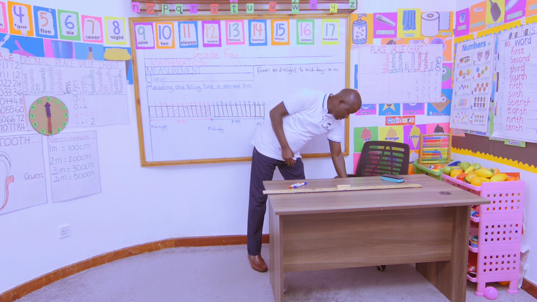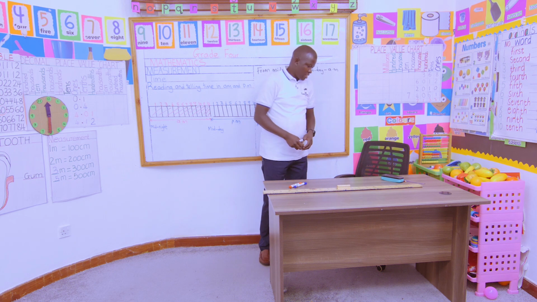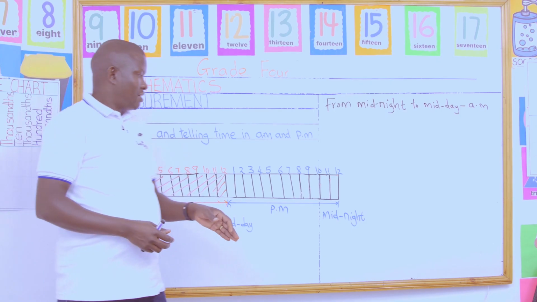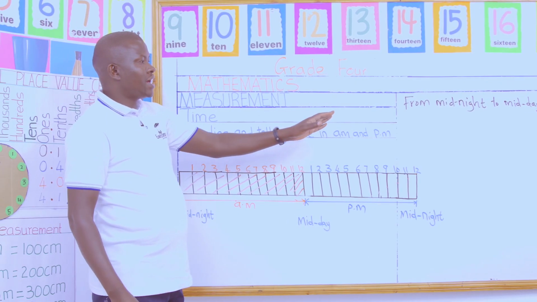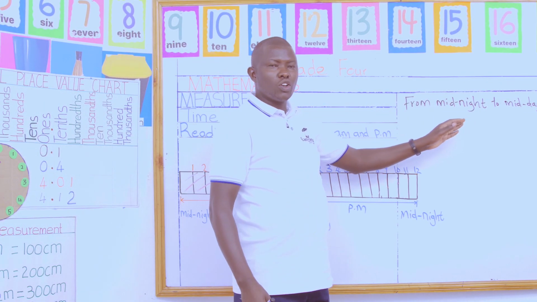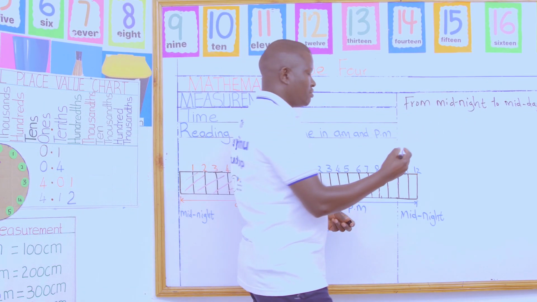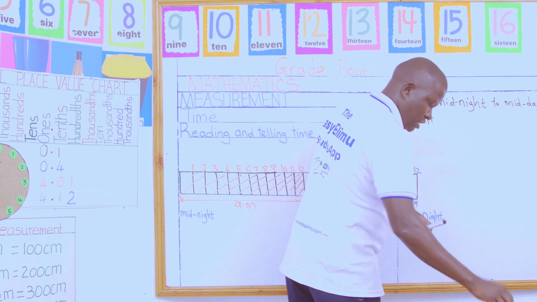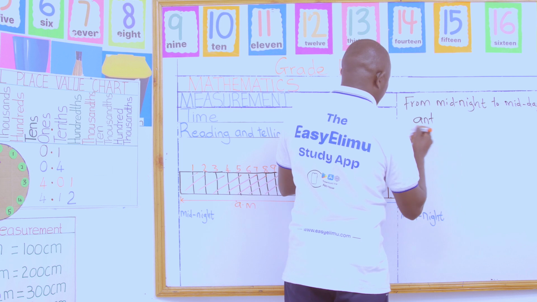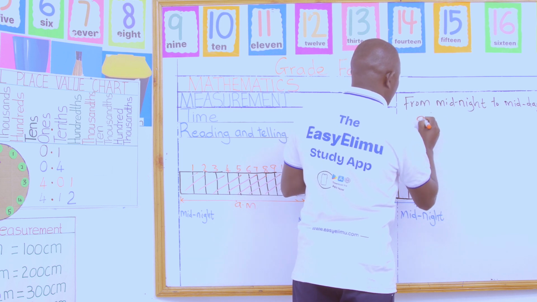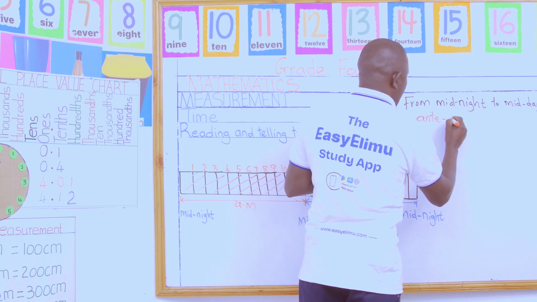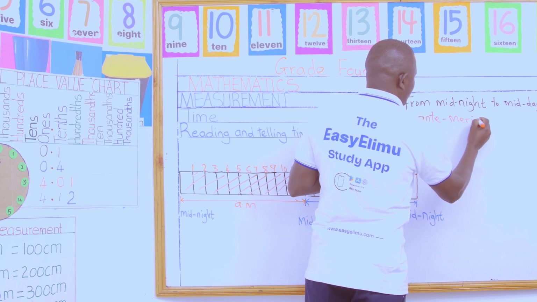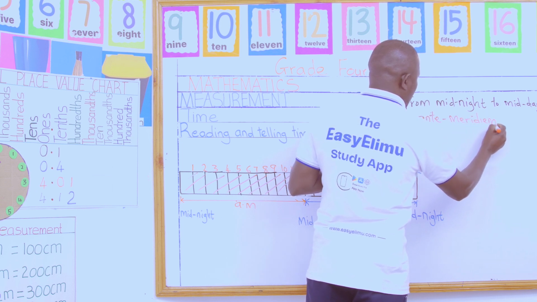So antemeridiem starts, I'm saying this, from midnight all the way to midday, we call it AM. AM stands for, let me use a different color, kindly. It stands for antemeridiem.